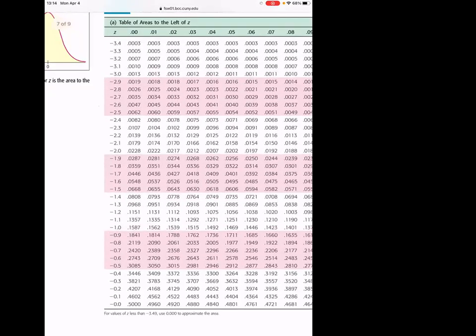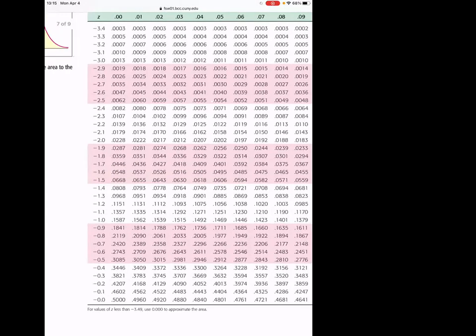You go down, it starts with negative 3.4, then negative 3.3, negative 3.2, etc., negative 3.0, negative 2.9, and you go all the way down to negative 1.0. That's your nearest tenth. Now, you see the row of negative 1.0.